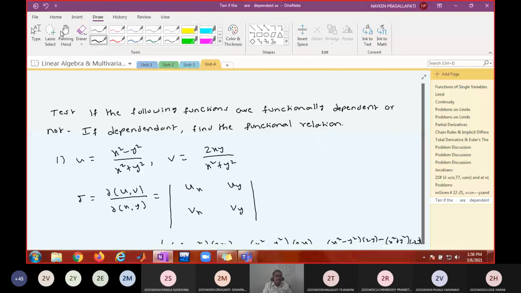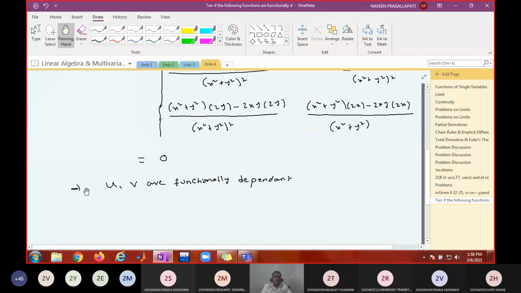Just by observing these two, can you identify the relation? Just observe and tell me. Try to quickly tell me.